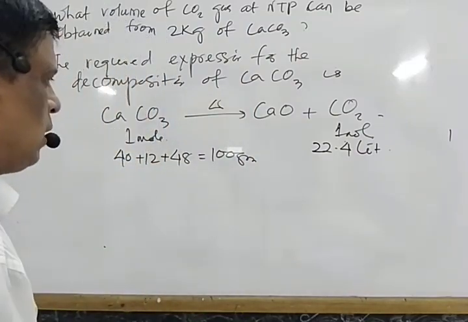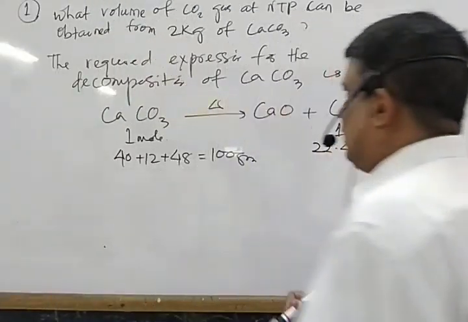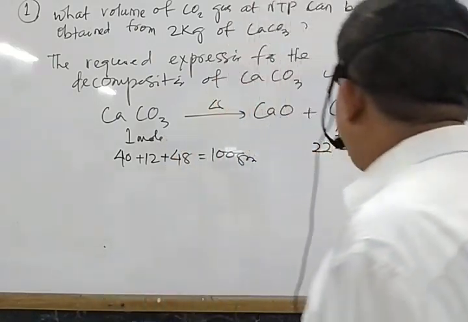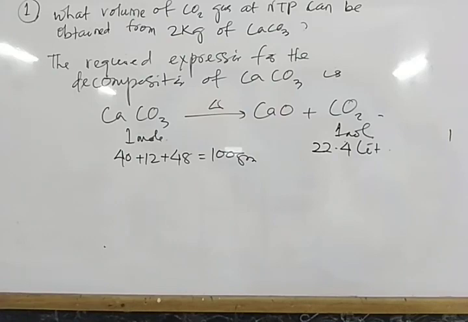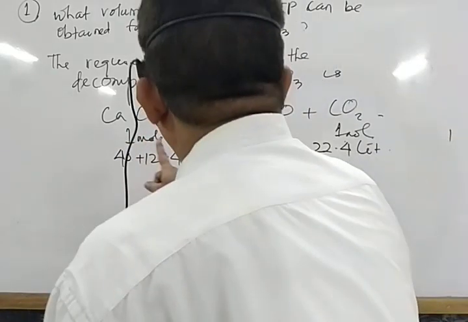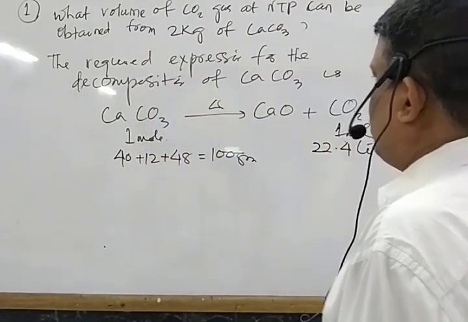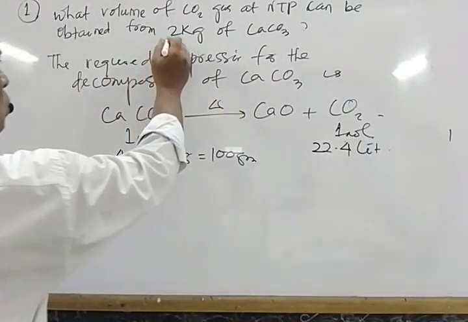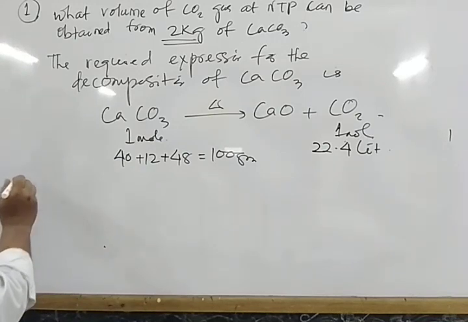From this expression it is clear that 100 gram of calcium carbonate liberates 22.4 liter of carbon dioxide. If 100 gram of calcium carbonate liberates this volume, then according to the question, what about 2 kg of calcium carbonate?